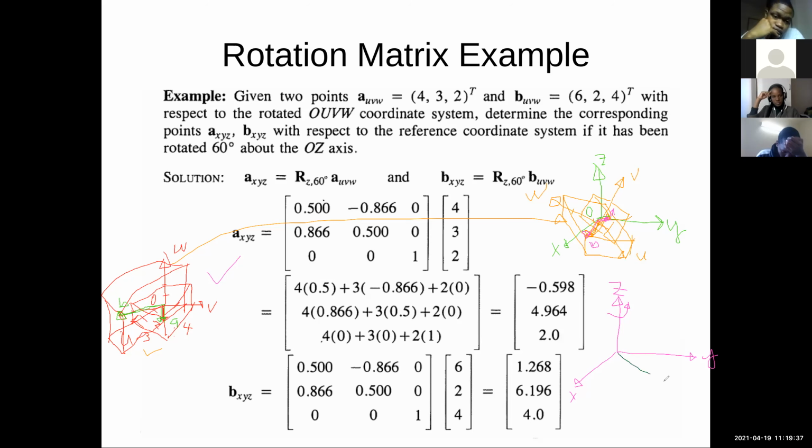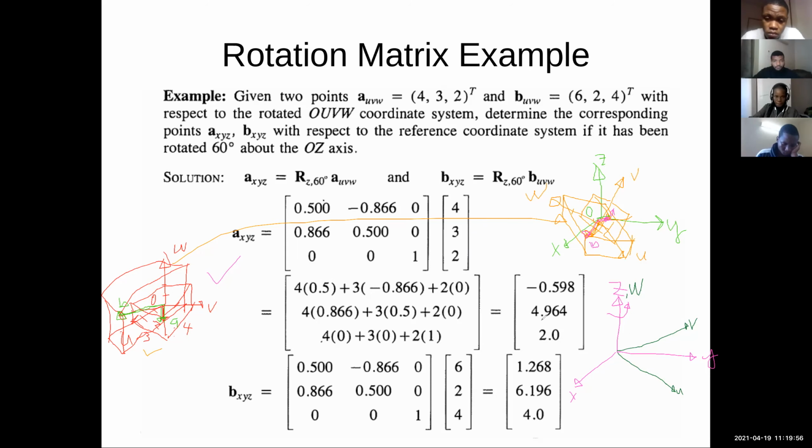Okay, you rotate by 60 degrees. This is now your U. You rotate another 60 degrees. This is your V. But because you rotate about Z, your W is coincident with the Z axis, okay? So that's the rotation.